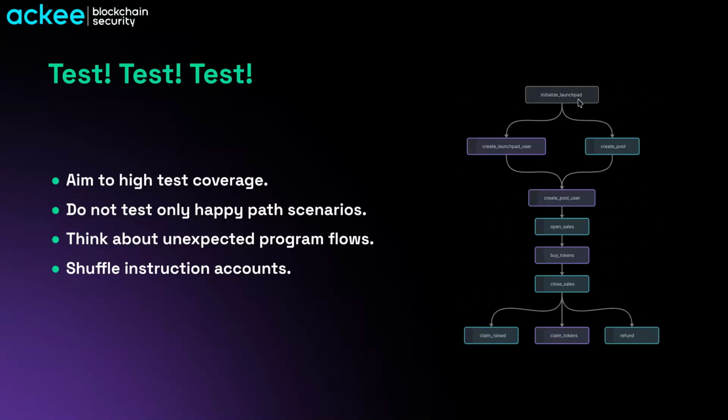So for example, we have here the simple ICO, initial coin offering, and some launchpad workflow. The tests maybe cover this workflow, but they do not cover a case where the flow would be different.